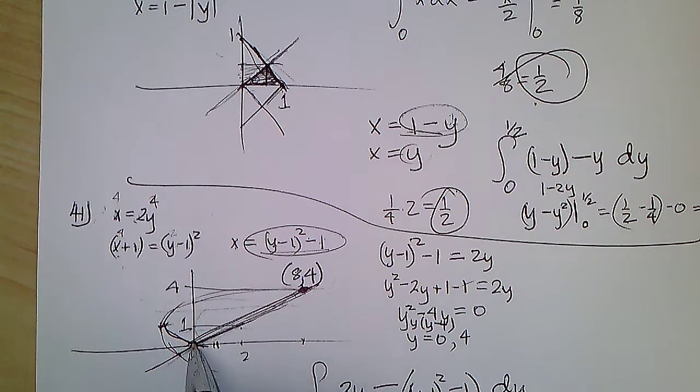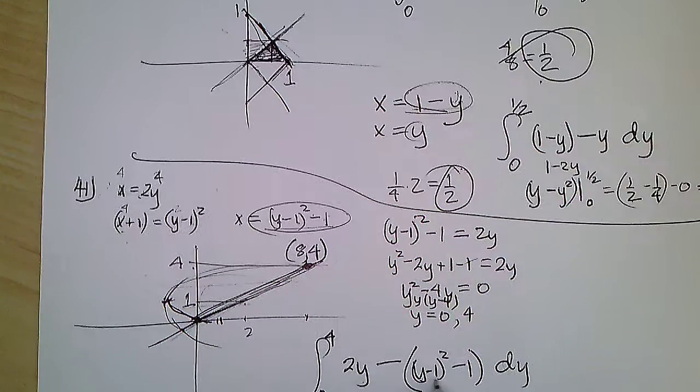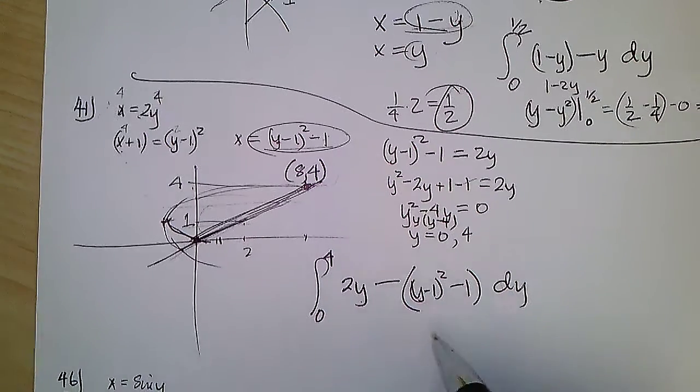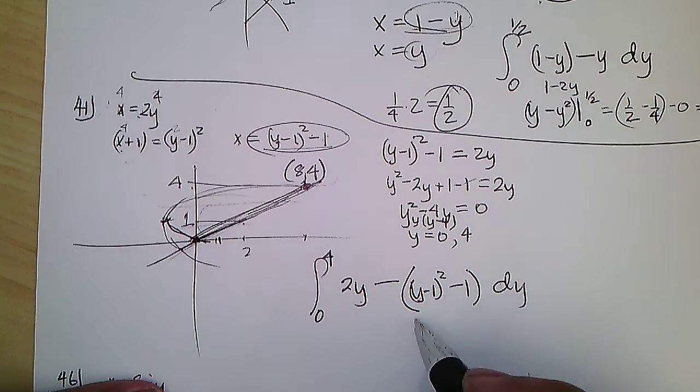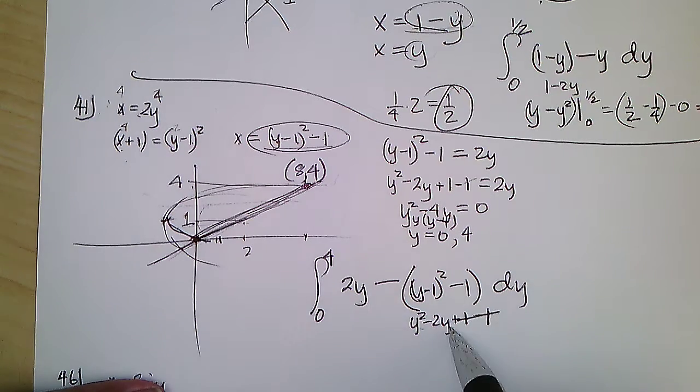And we're going to integrate from 0 to 4. So let's simplify this. This would be y squared minus 2y plus 1 minus 1. And then we'd have 2y minus this.